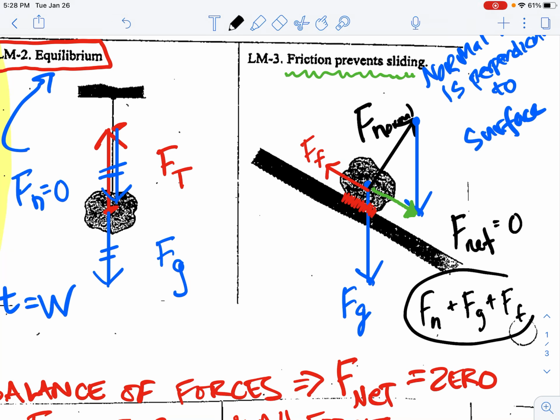All those things added together are what's shown: the blue arrow pointing down towards the center of the earth, the black arrow pointing perpendicular to the surface it's sitting on, and then the red arrow resisting the motion that it would have if it was a frictionless surface. So those are the three forces in play here.